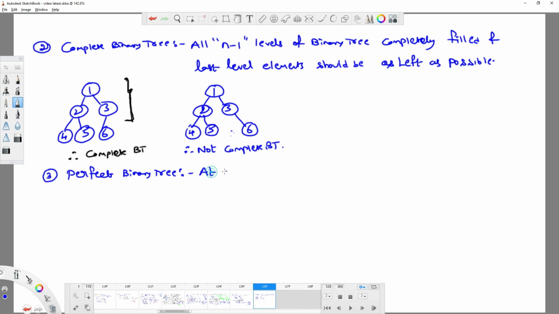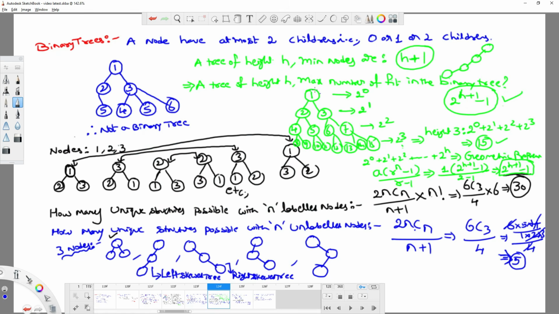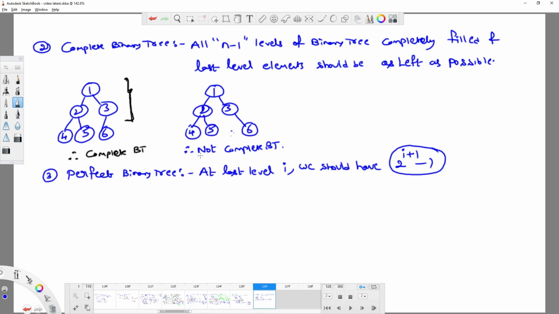More technically, at the last level h, we should have 2 power h plus 1 minus 1 elements. At level height h, it should be 2 power h plus 1 minus 1. Which is nothing but this particular green color diagram. So this is nothing but a perfect binary tree.